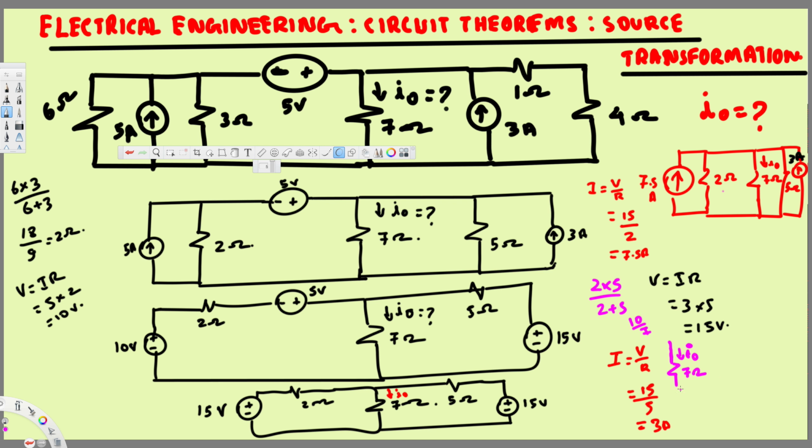Then our new equivalent resistance was 10 over 7 ohm, and here we can draw our current sources. One is 7.5 ampere and the other one was 3 ampere.